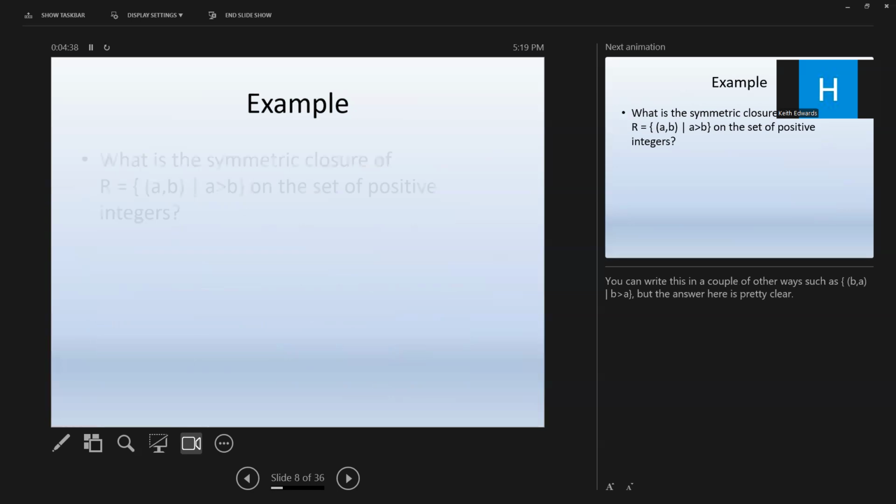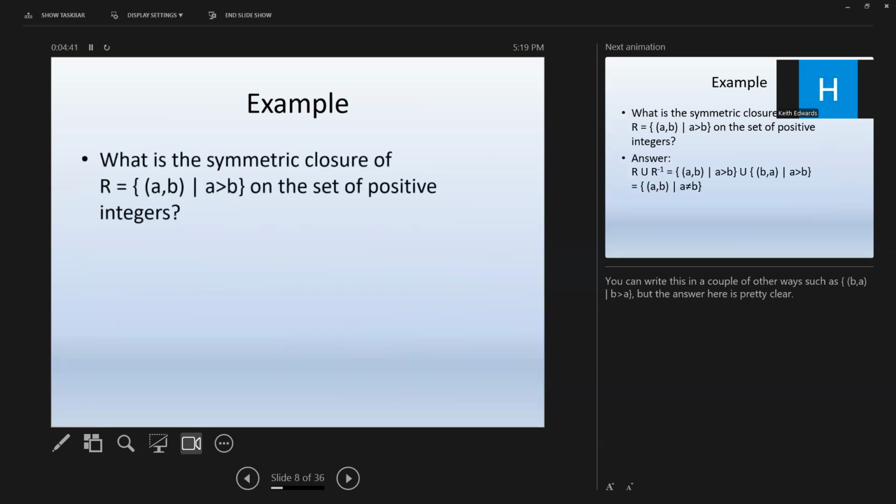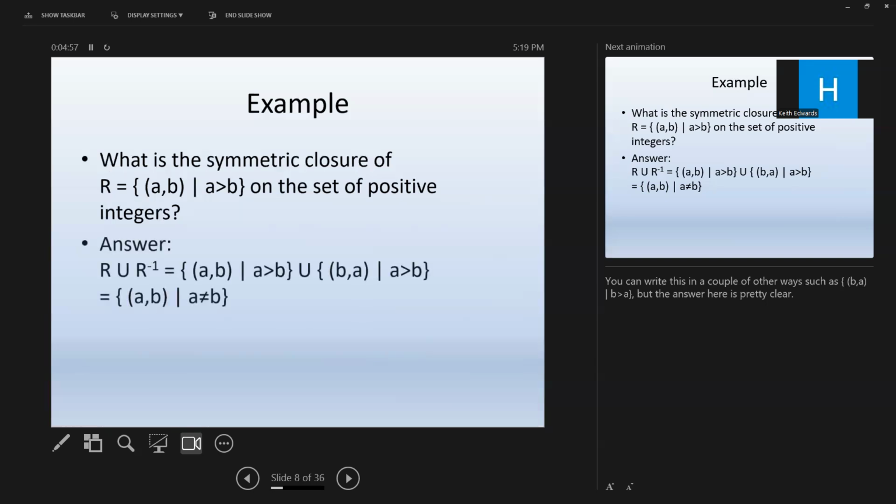So what about the symmetric closure of something more general? Say the relation on the positive integers {(a,b) | a is greater than b}. Well, what do we need to add in? We need to add in R inverse. So that would be {(b,a) | a is greater than b}.